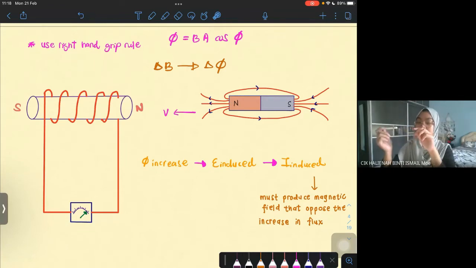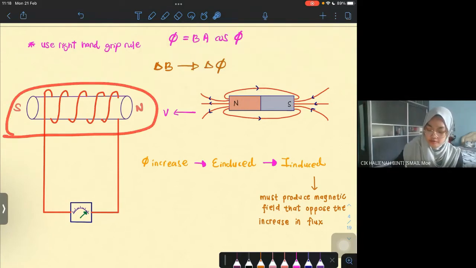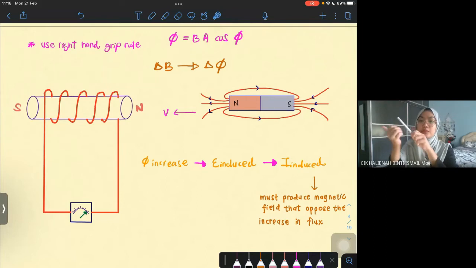Kita boleh gunakan pencil. Okay, so ikut contoh ni, north dia pergi kanan kan? So our thumb must be pointing to the right. So apabila pointing to the right, okay, semua buat ya. Apabila pointing to the right, you can see that your finger ada di belakang pensel kamu.